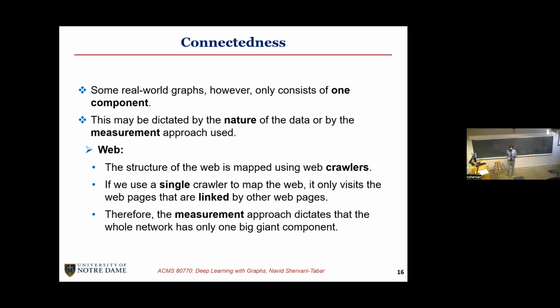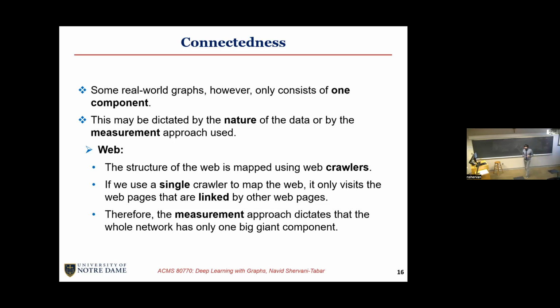Crawlers are basically programs that start from one web page, and then through the links of those web pages, they crawl into different web pages to map the internet. Now, if you use a single crawler to map the internet, this single crawler should be able to find a link that takes you from one web page to the other.